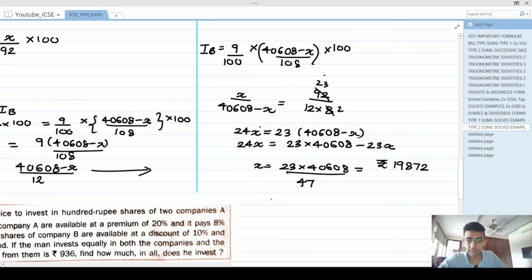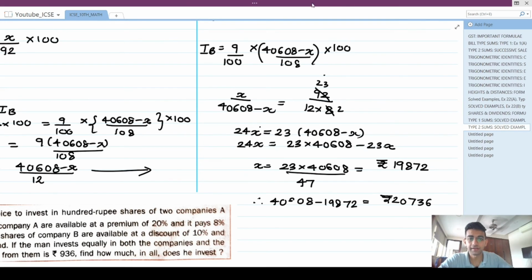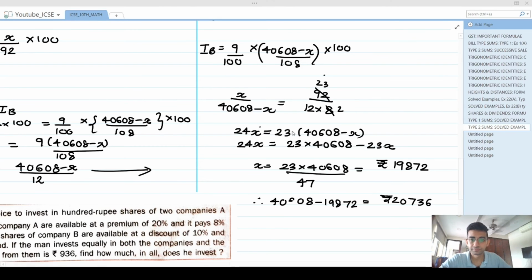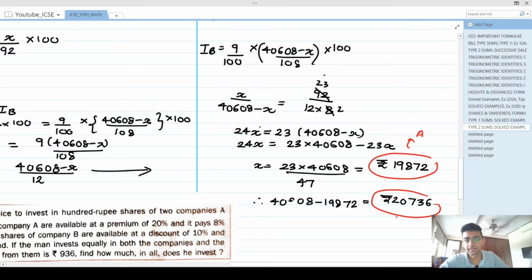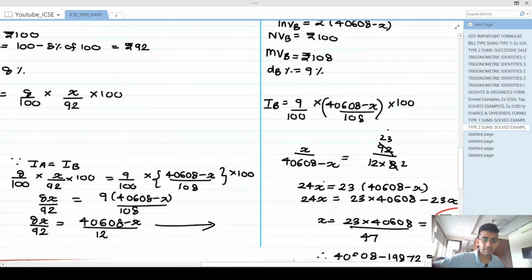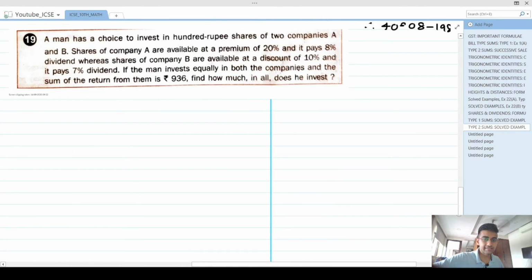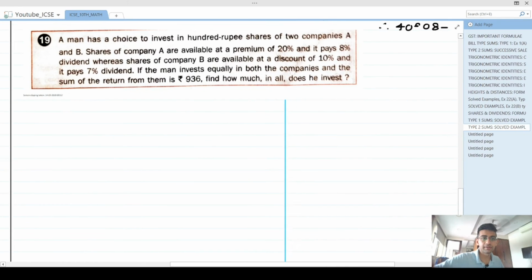So therefore 40608 minus 19872 is equal to 2736. These are your two parts. This is your part 1. So this is your investment in company A and this is your investment in company B. Very simple. You might face a little calculation time over here, but as and when you practice more and more, it gets better.